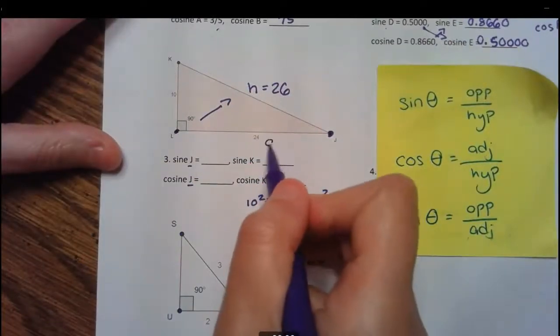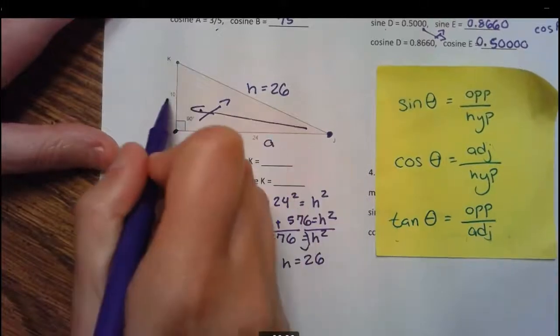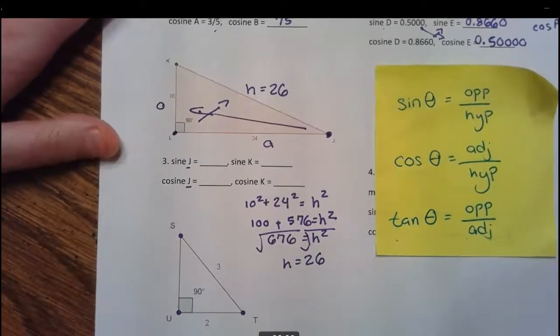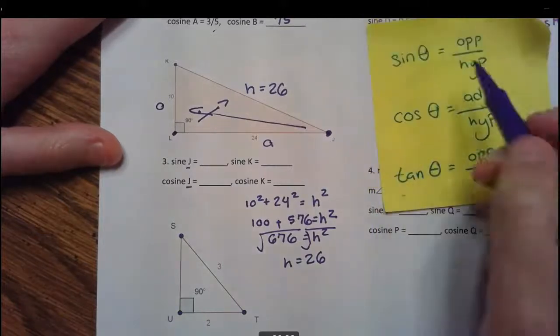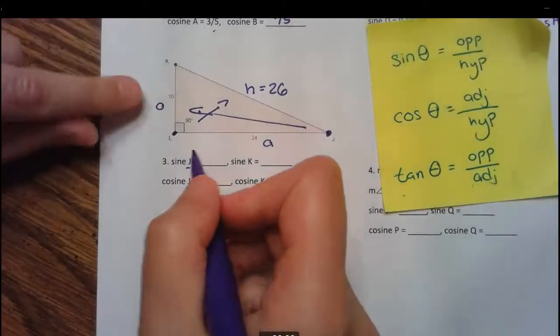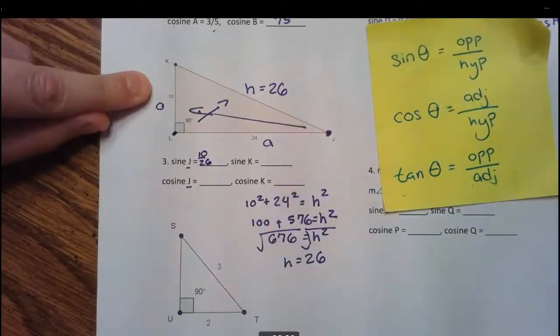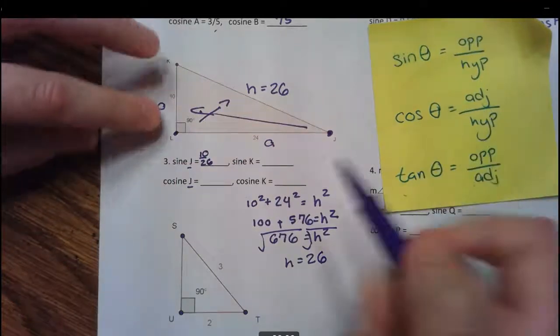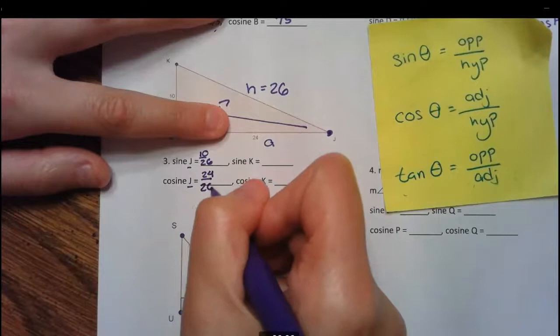So adjacent is in between. Opposite is across. And we can fill these in. Opposite over hypotenuse is 10 over 26. Adjacent over hypotenuse is 24 over 26.